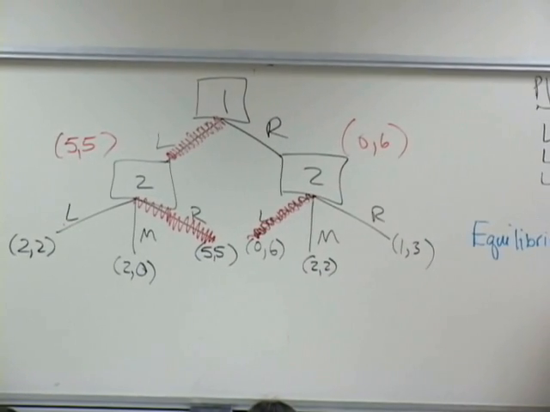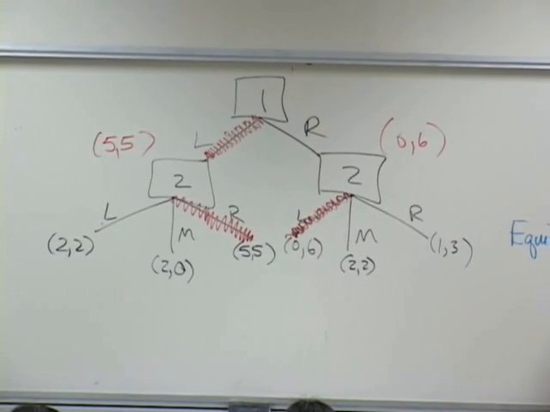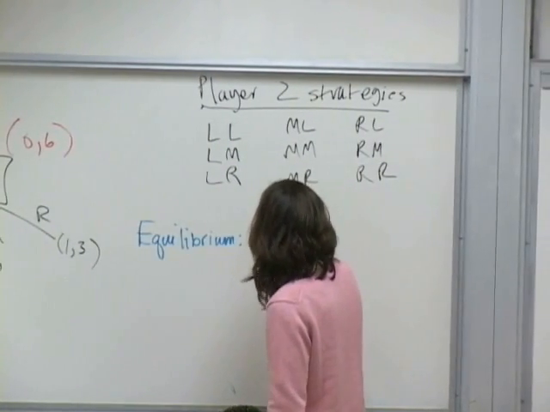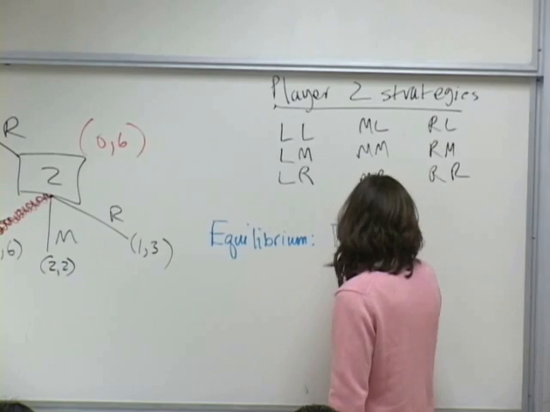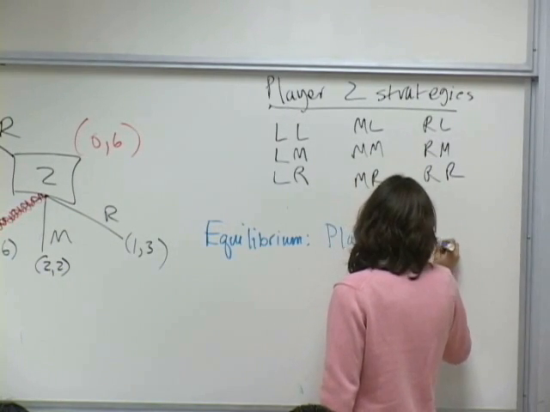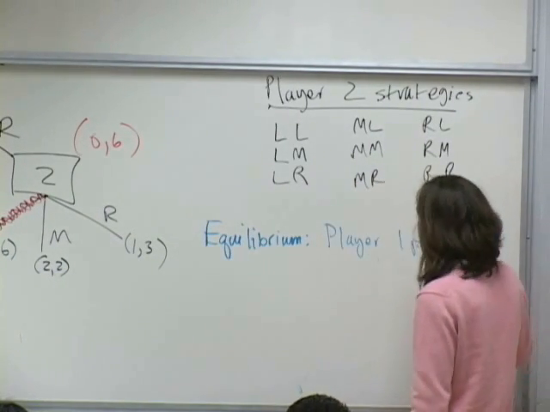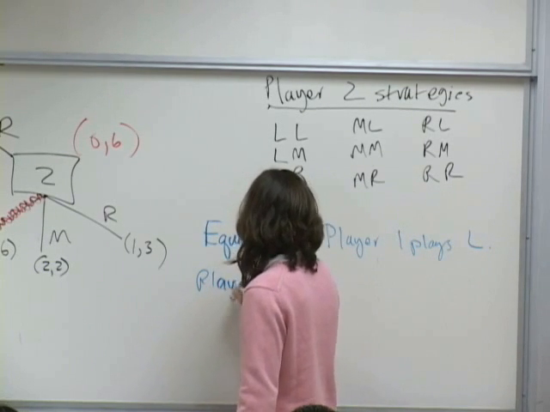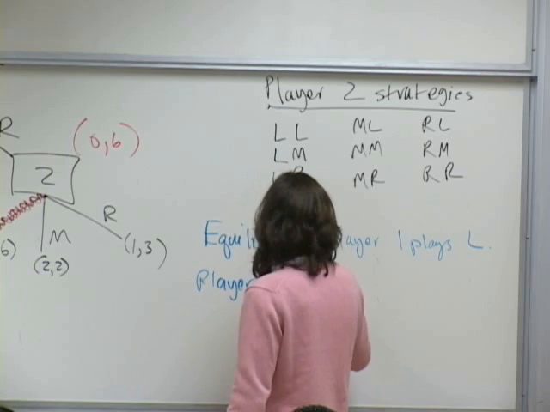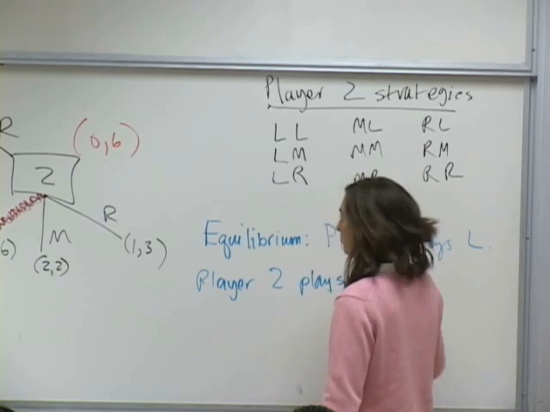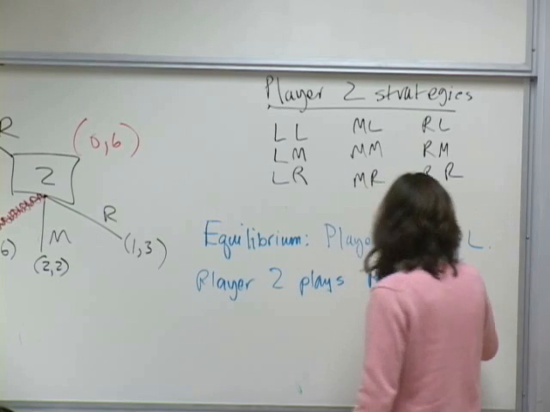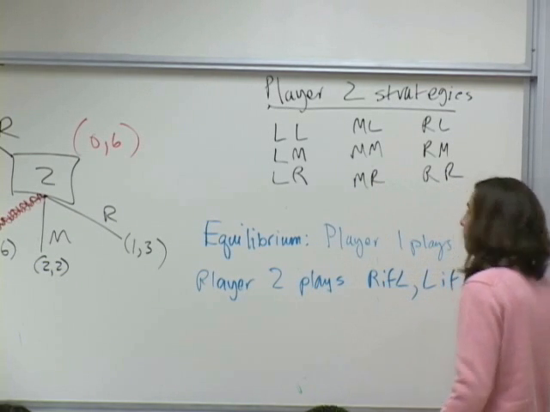So my full equilibrium, I'm going to write it out in words this time, a little less abbreviated than before. Player 1 plays L. Player 2 plays R if L, L if R.